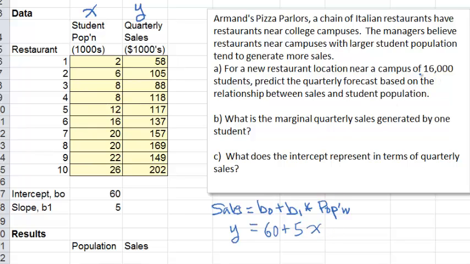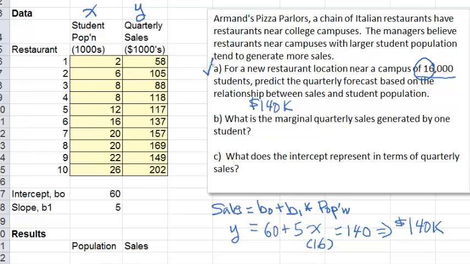Now, if student population is 16,000, since x is in thousands of students, we would plug in 16 for the x value. So here we multiply 5 by 16 and then add 60. That gives us 140. Again, in terms of dollar amount, it will be $140,000. Let's write that right here.